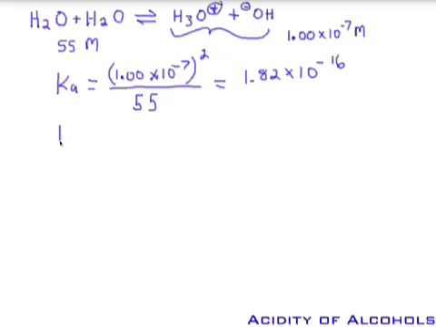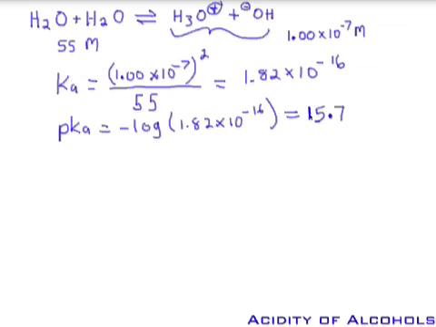So the pKa of water, the equilibrium constant for the dissociation of water, equals the negative log of 1.82 times 10 to the minus 16, or 15.7.